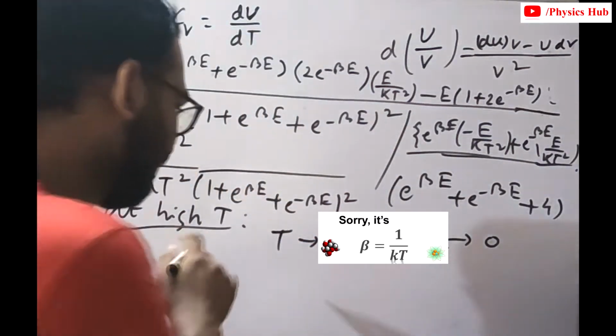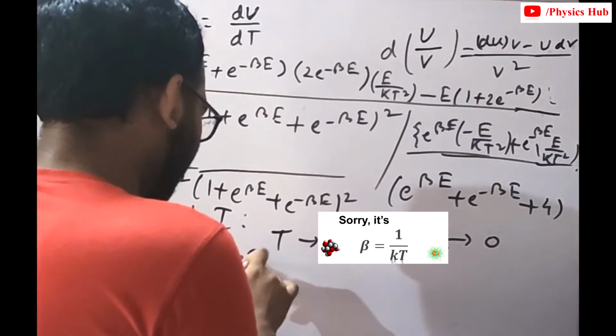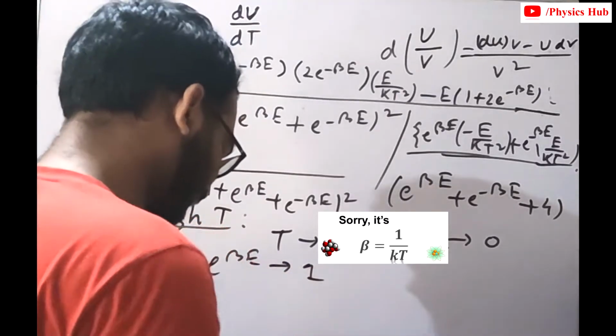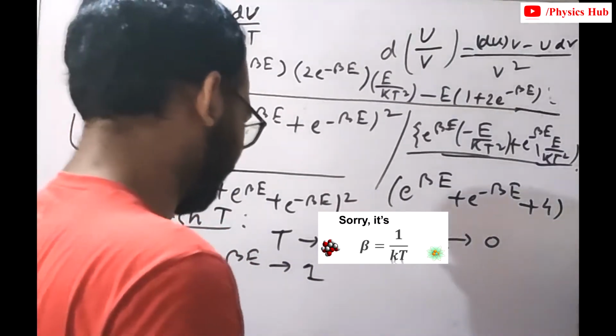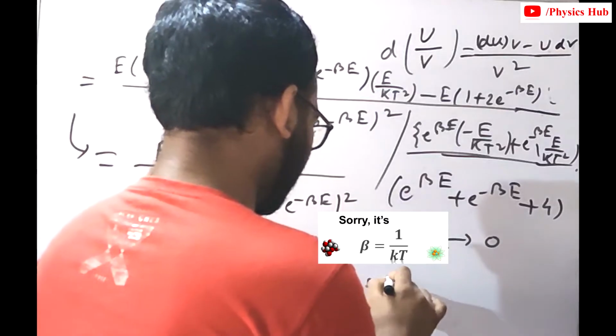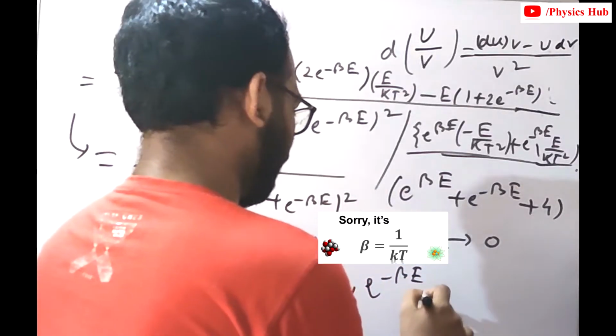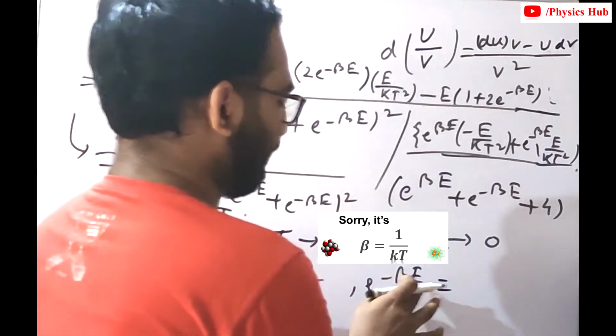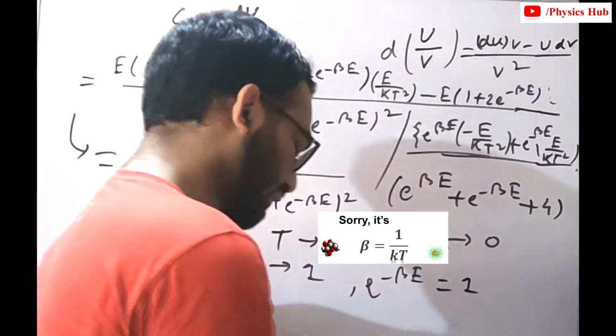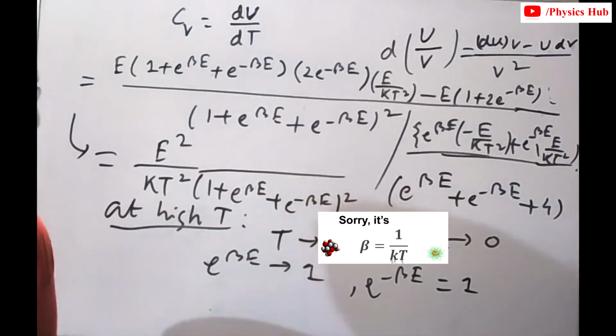And this will make e to the power beta E tend to 1, and e to the power minus beta E, as beta into E goes to 0, is also becoming 1.